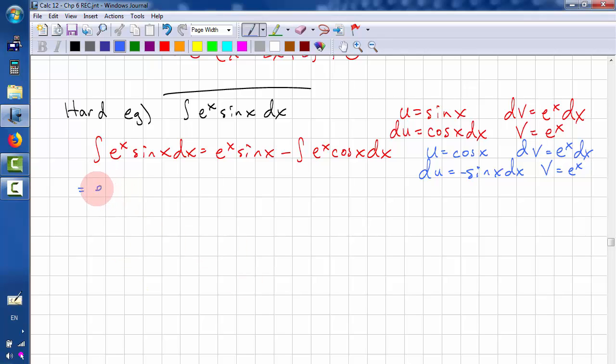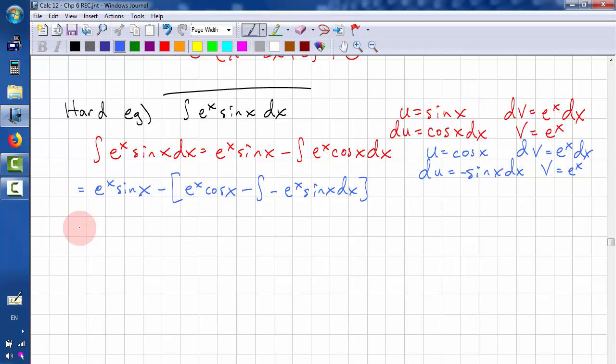So we get e to the x sine x minus bracket uv, that's e to the x cos x, minus integral v du, so minus e to the x sine x dx, and bracket.